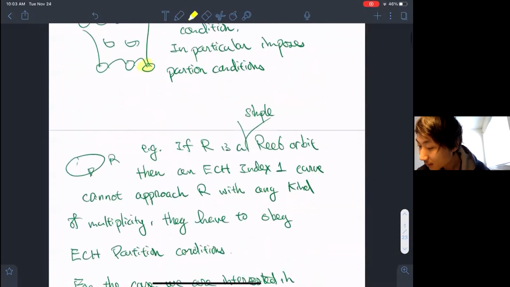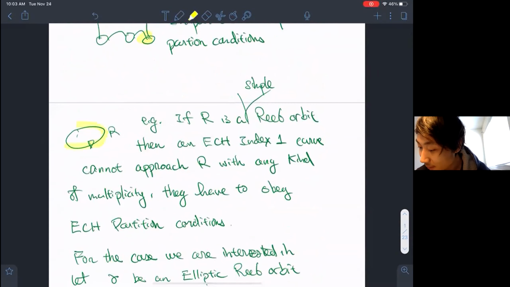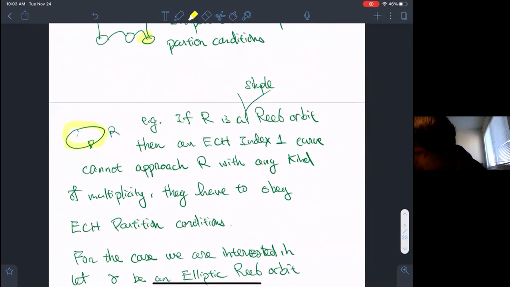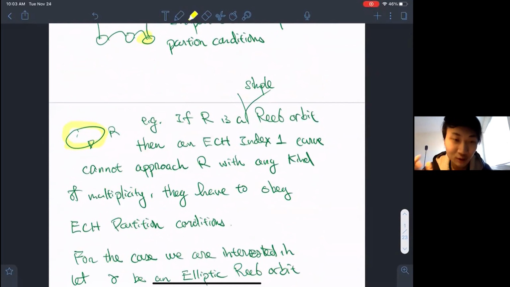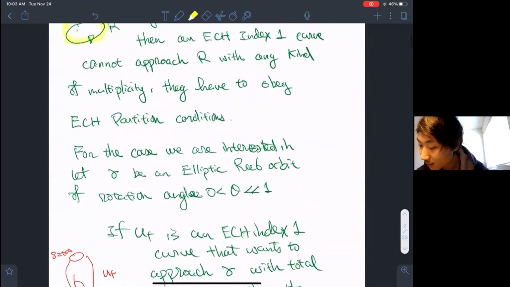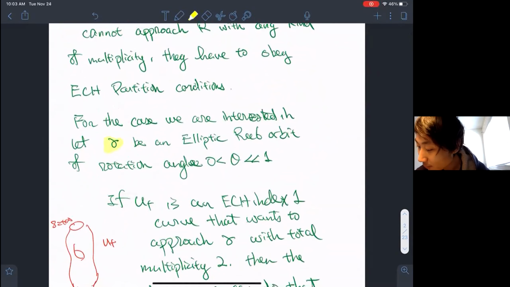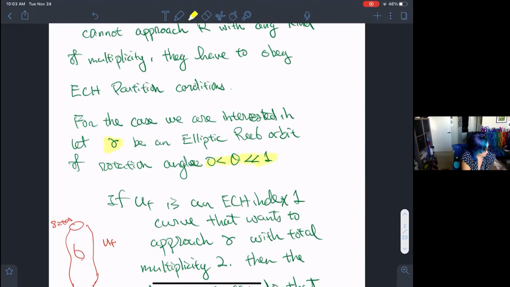So what this means is that if you have a simple Reeb orbit gamma, then an ECH index curve can only approach gamma in certain ways. They have to obey the ECH partition conditions. So in the specific case we're interested in, let gamma be an elliptic Reeb orbit with rotation angle that's very close to 0, but greater than 0.